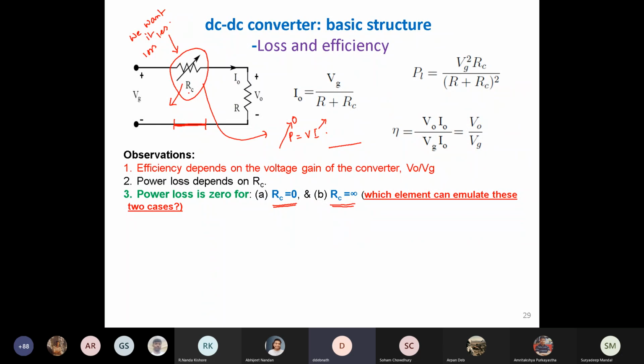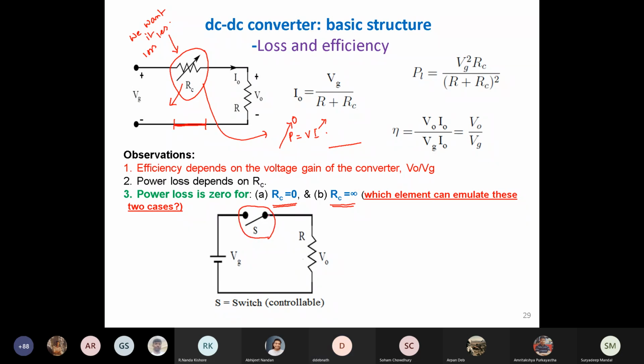Okay. So let us see, can we get such an element in reality? An example is this switch. An ideal switch, when it is on, the circuit will be something like this. There is no resistance, right? The switch is on, it has shorted this branch. So this emulates this circuit.